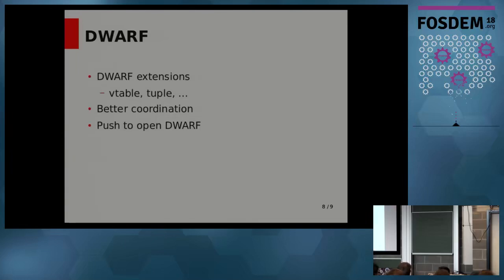I was talking about this yesterday as well, but it bears repeating. I think Dwarf is the logical place to collaborate on improving debugging. It's the centerpiece, right? The compilers talk it, the debuggers talk it, and because I'm working on LLVM and also GDB and LLDB, it's a cross-toolchain thing.